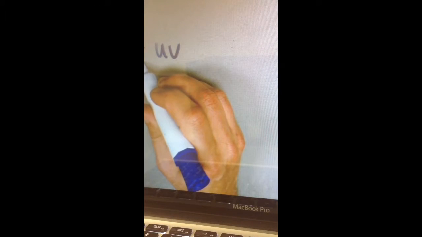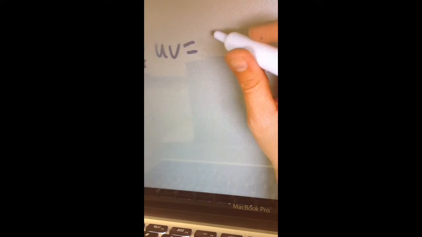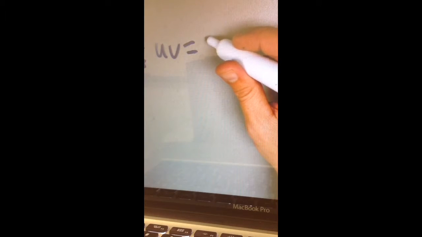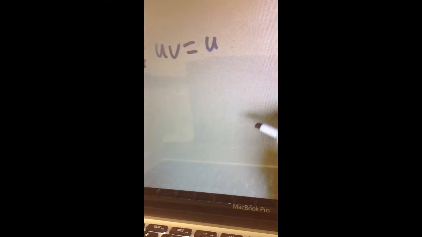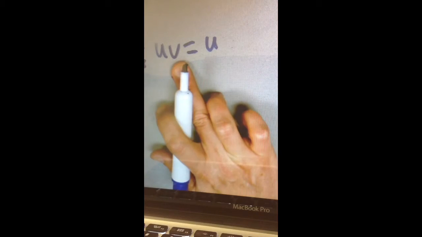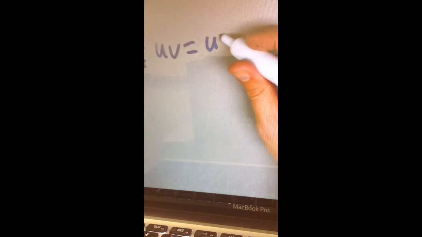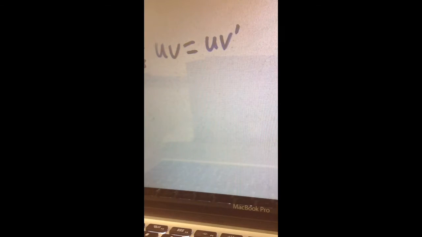So we're going to take the derivative with respect to x of uv. And the derivative with respect to x of uv would be what? Be careful. All right, it would be the first times the, so it would be u times v prime, right?